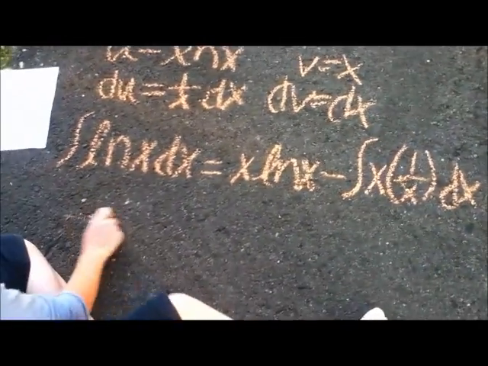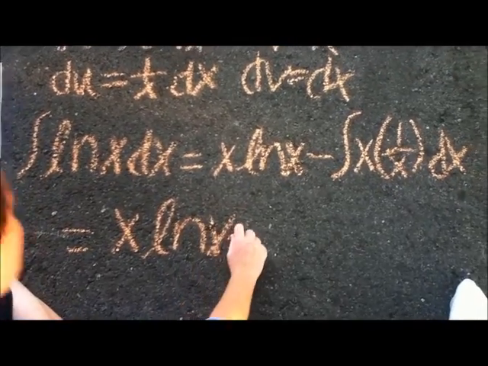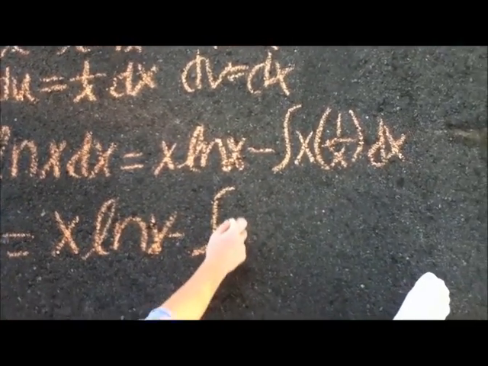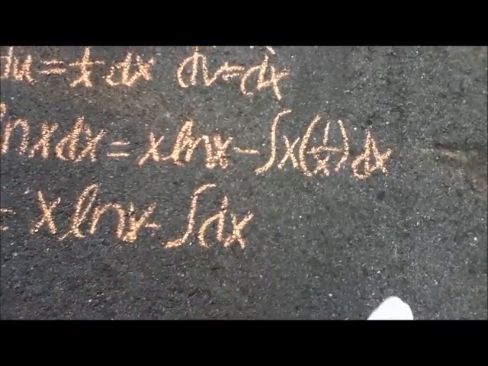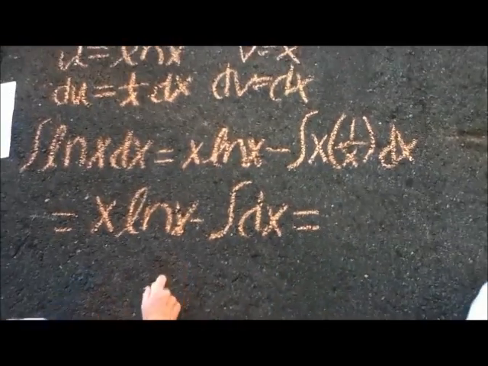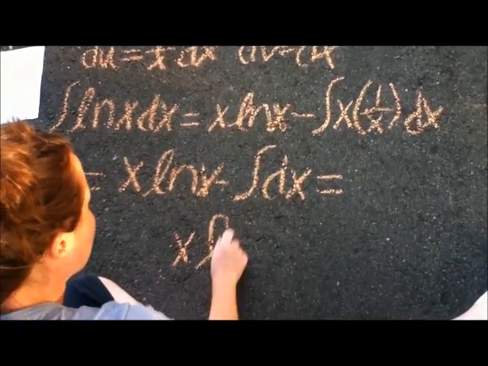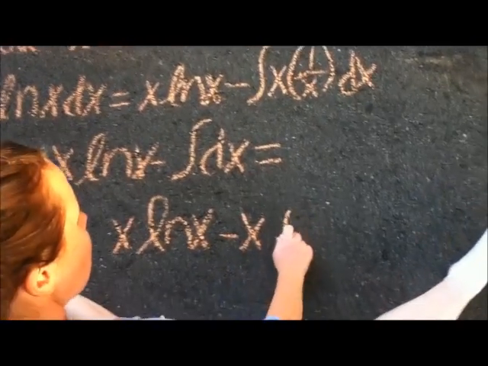So that is going to equal x times ln of x minus the integral of dx, because x times 1 over x will cancel each other out. So that'll equal x times ln of x minus x plus c.